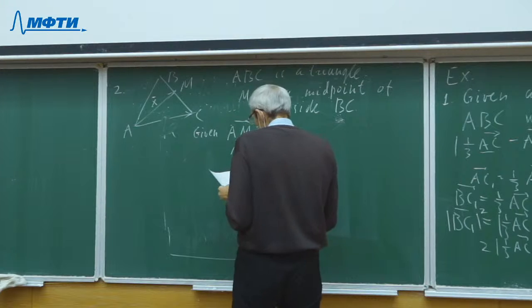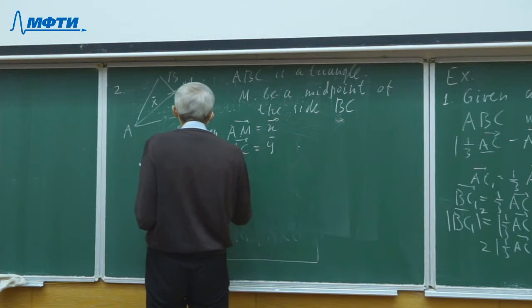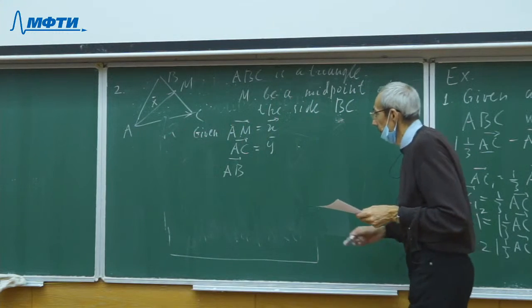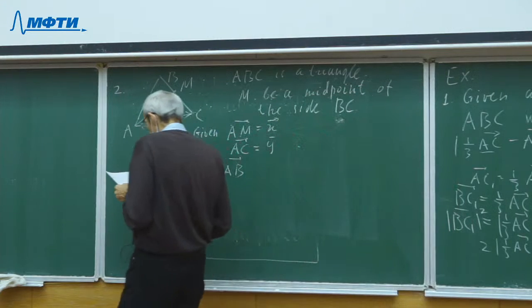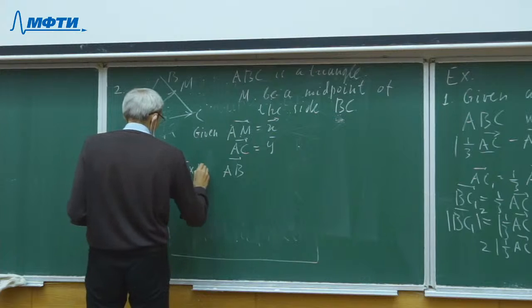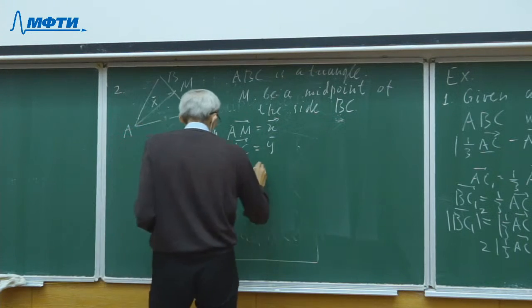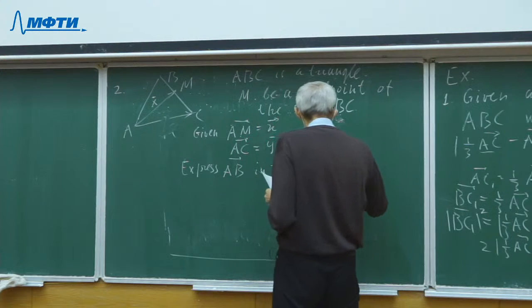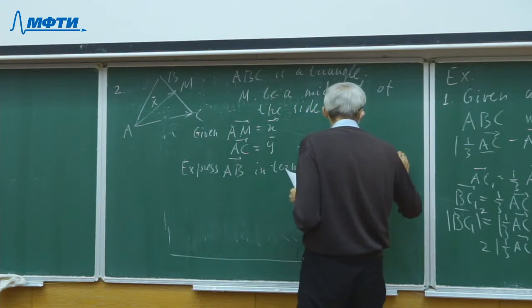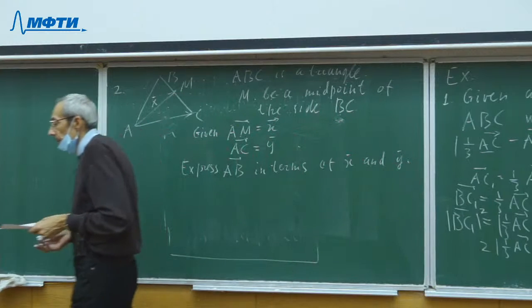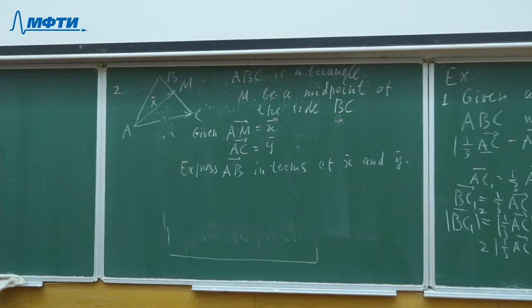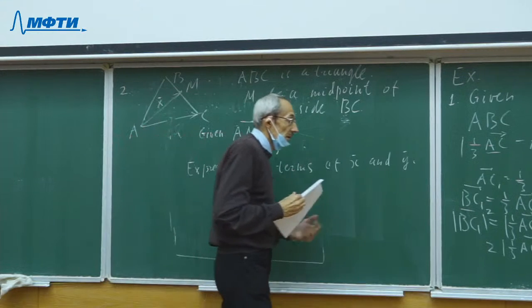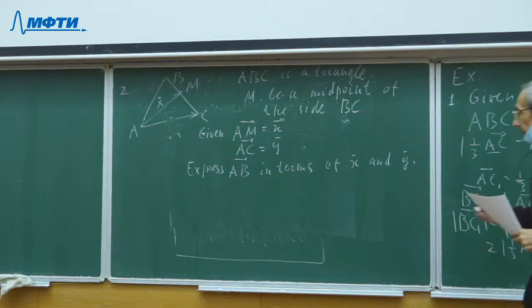And express AB in terms of x and y. More precisely, we would like to present this vector as a linear combination of the vectors x and y.